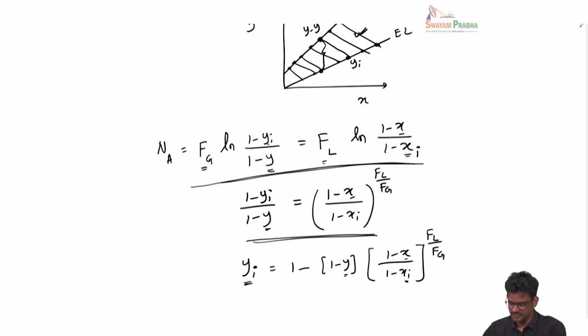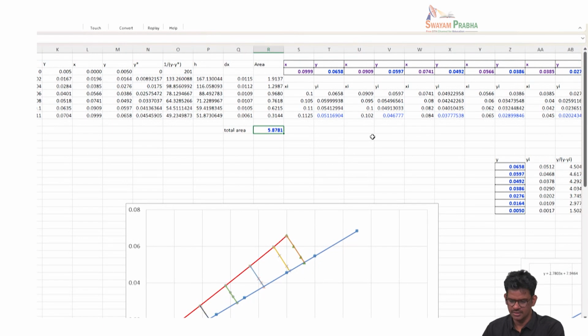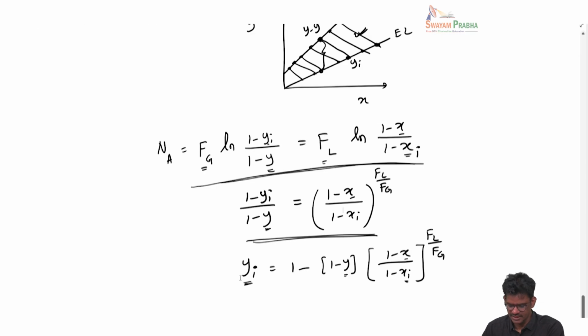Okay. So going back to this Excel sheet, what I am going to do is choose a range of xy values here. These are the xy values on the operating line, and I am going to substitute those xy values in this expression for x and y, and I will get a relationship between yi as a function of xi.